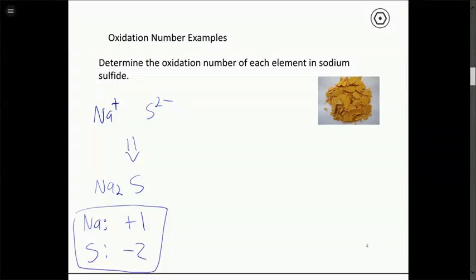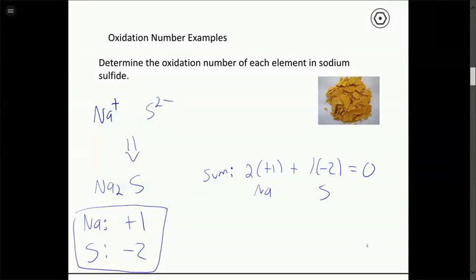So those are the oxidation numbers for each element in that compound, and we can verify that, remember, the sum of the oxidation numbers equals the total charge. Sodium sulfide is a charge-balanced neutral ionic compound, so the sum of all the oxidation numbers should be 0. We have 2 sodiums, each with a +1 charge. We have 1 sulfur that has a -2 charge. We add those up and we get 0.